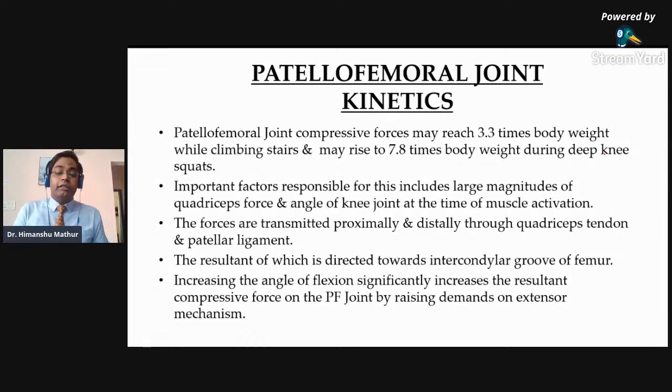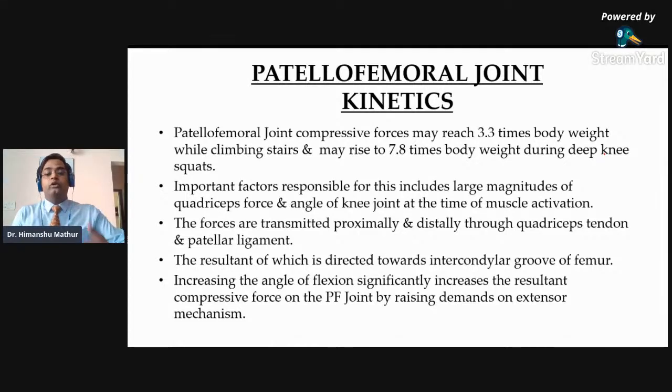Okay, now the important factors responsible for this include... yes, I can teach in English because there are a lot of other students also. I'll be teaching in both Hindi and English, all right. So what I was telling is the patients of patellofemoral pain dysfunction that come to us majorly have one common problem, which is the increased compressive loading or the joint reaction force between the articular surfaces.